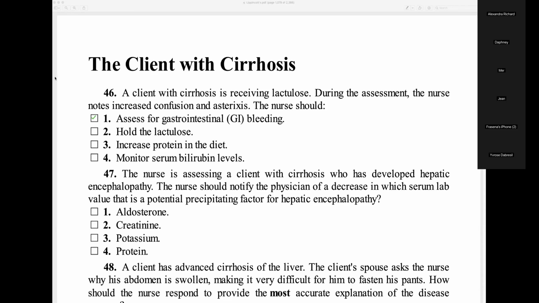Next up, we're going to do 47. The nurse is assessing a client with cirrhosis who has developed hepatic encephalopathy. The nurse should notify the physician of a decrease in which serum lab value that is a potential precipitating factor for hepatic encephalopathy.